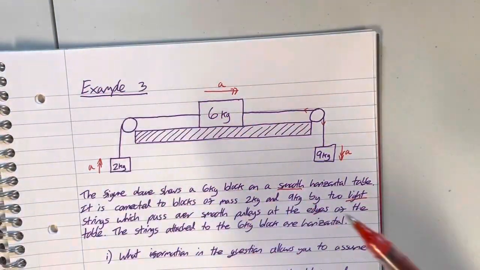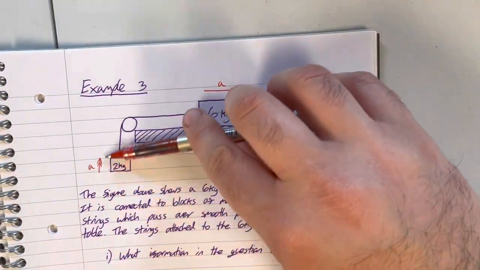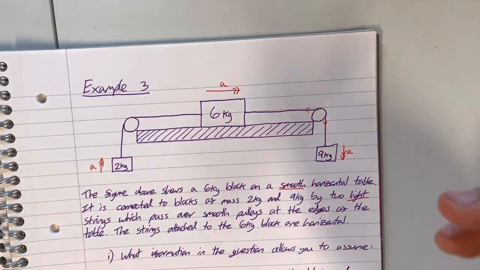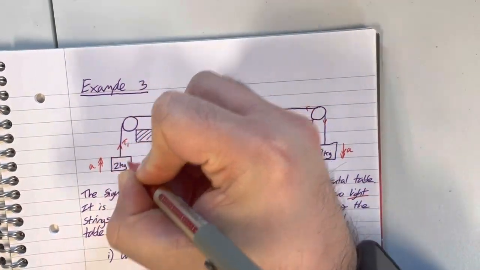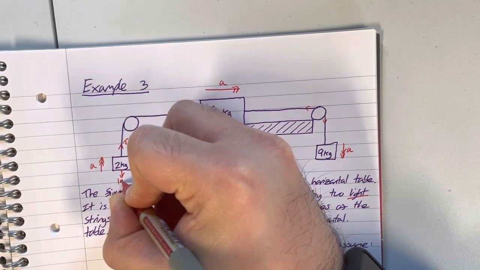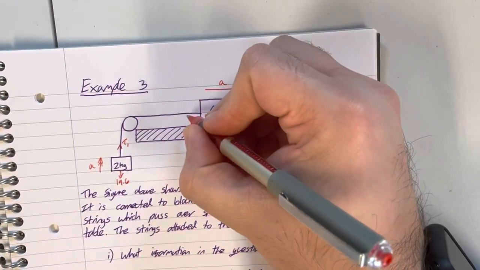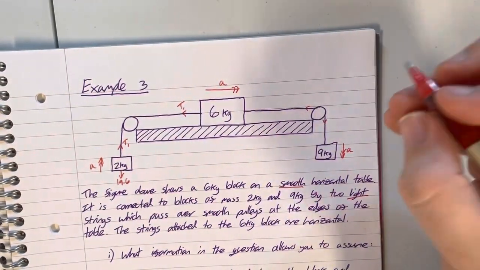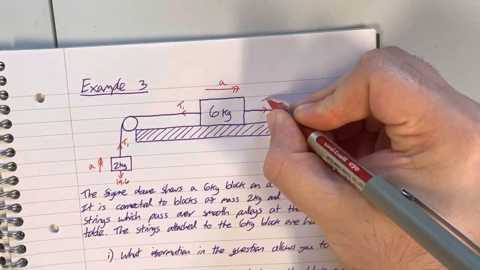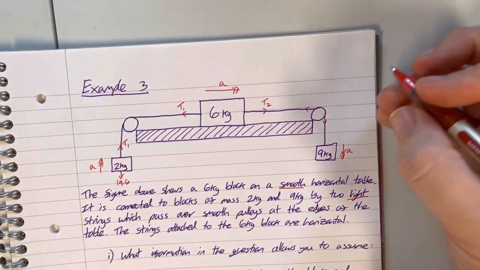So my positive direction isn't a straight line anymore. The positive direction goes around the system. Label the tensions. We're going to have a T1 over there, and then a 19.6 as a weight. Because the pulley is smooth and the string is light, that will also be T1. This is a different string, so a different tension, T2.